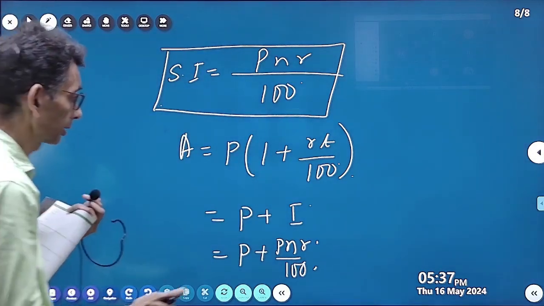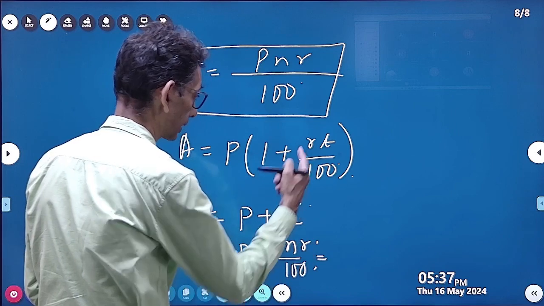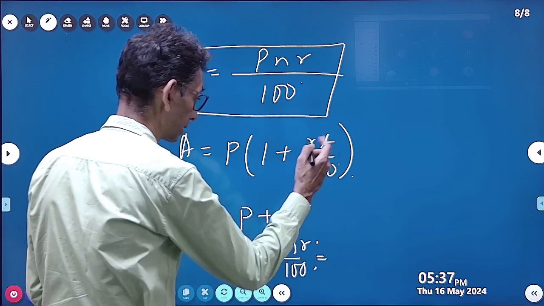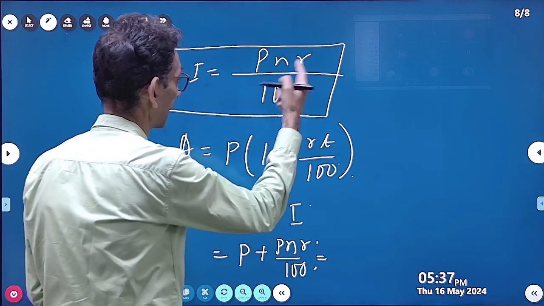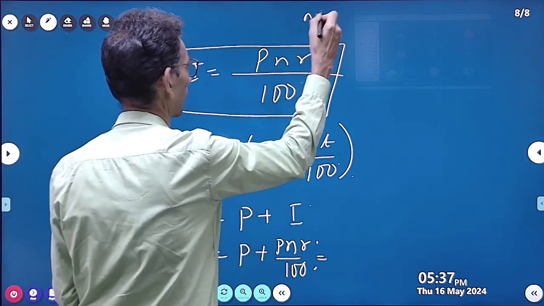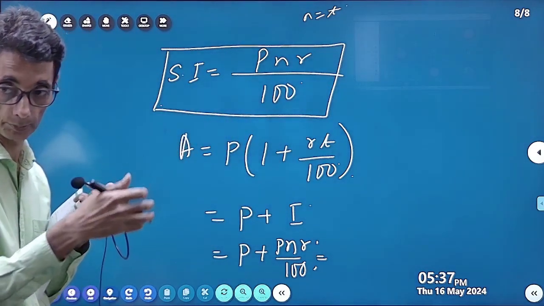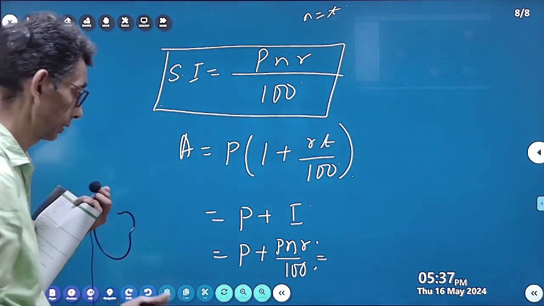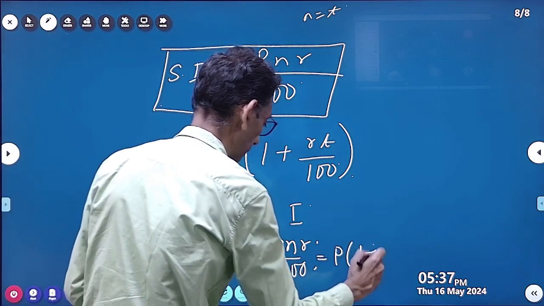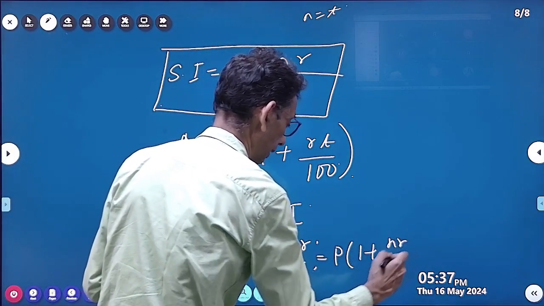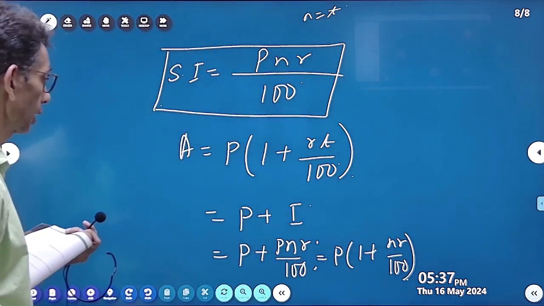You wrote RT, but n and t are the same, so I will write t. n and t both are the same, the time. So don't get confused: A is equal to P into 1 plus nr by 100. This is the amount.